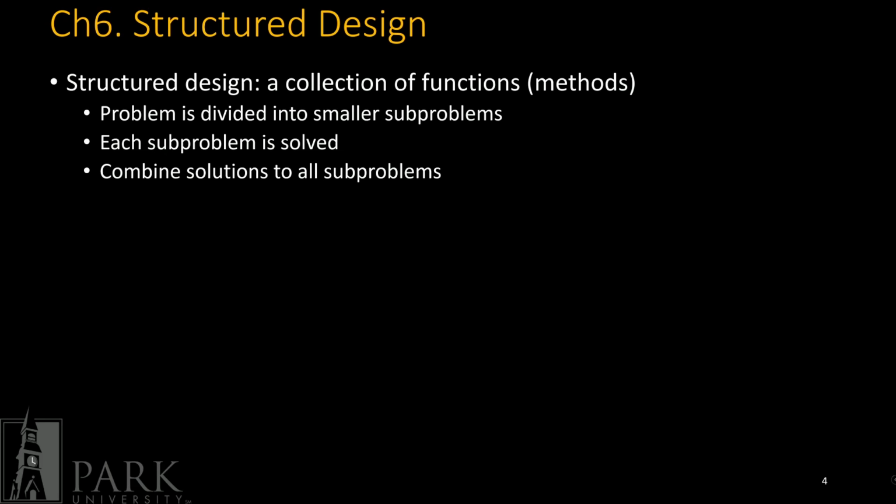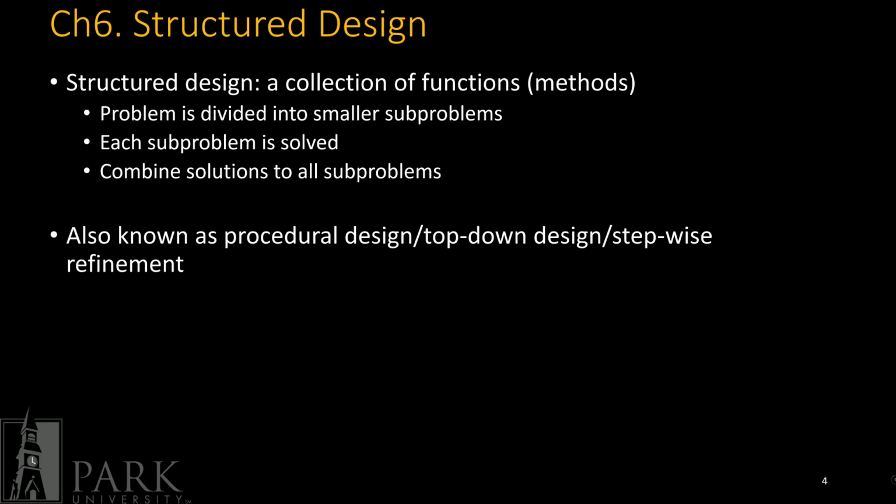And this is a little bit different from what you've learned with object-oriented programming. Structured design is also known as procedural design, top-down design, or stepwise refinement. While these methodologies can also be applied to object-oriented programming, it's critical to understand that there's a difference between procedural design and thinking in terms of objects, which we're not really concerned about right now.